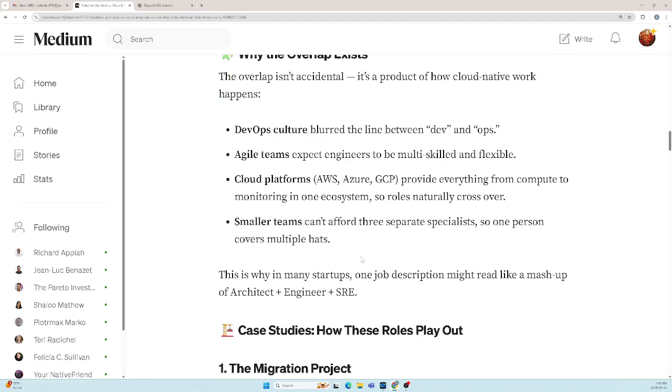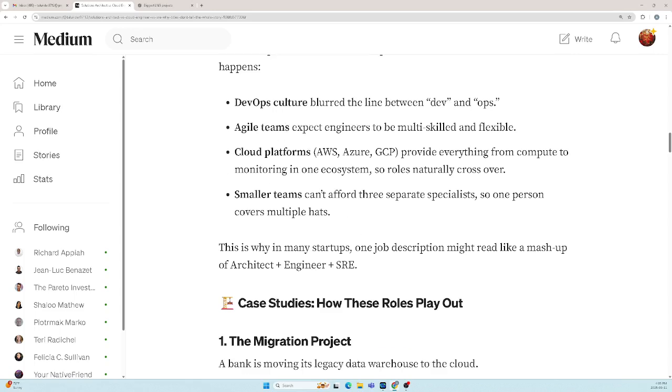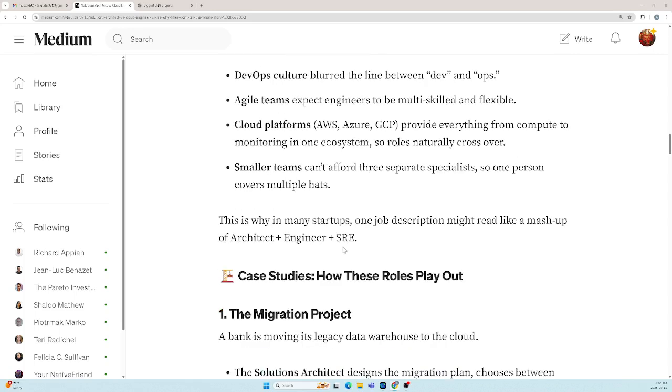Also, many organizations cannot afford three separate specialists, so one person needs to do everything and wear multiple hats. That is common in many startups. One job description might read like a mix of architect, engineer, and SRE.